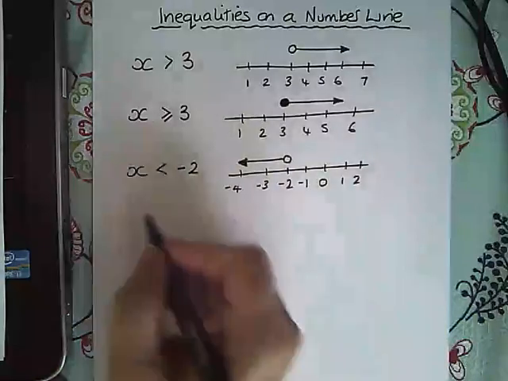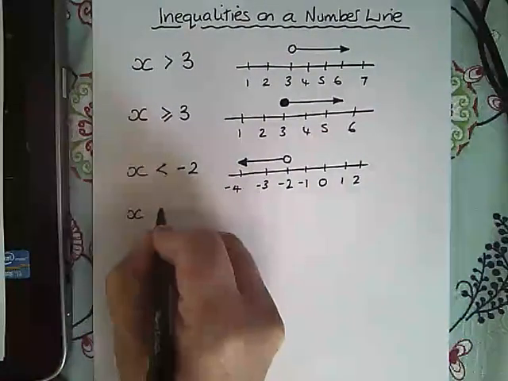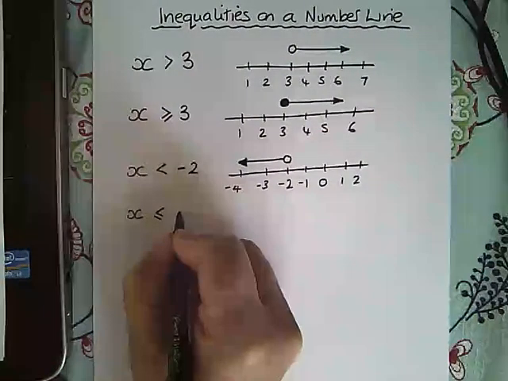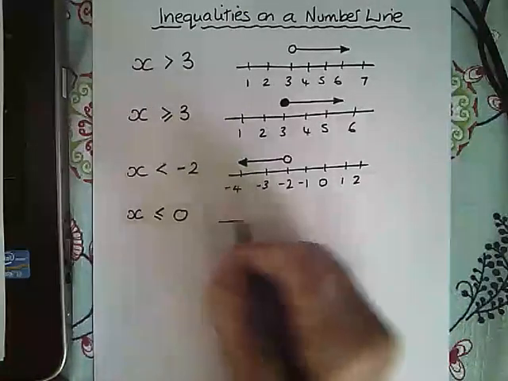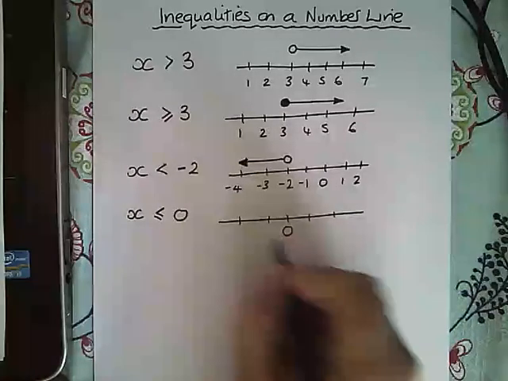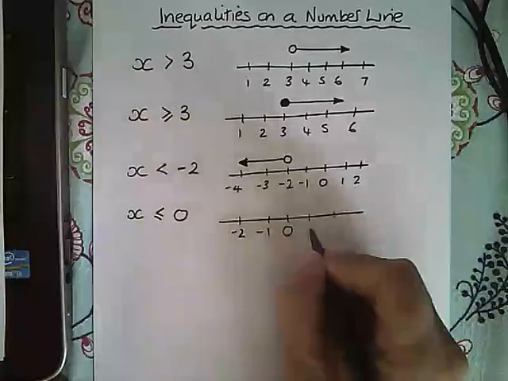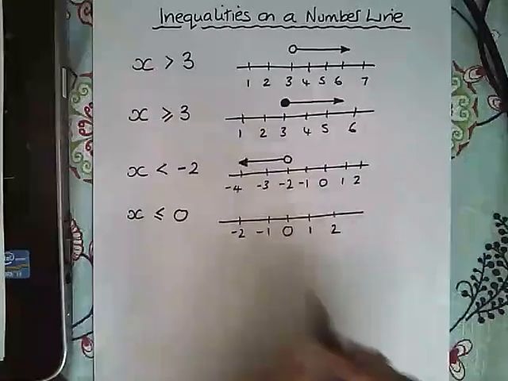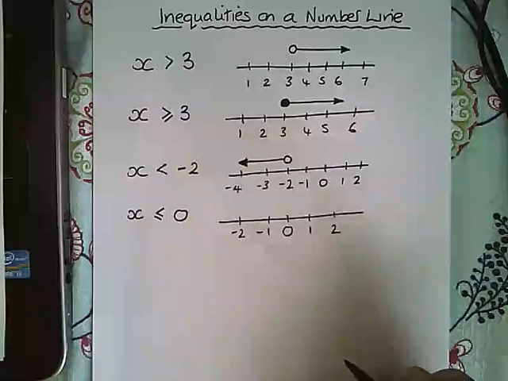If we have another inequality where we have x is less than or equal to 0, say, draw a number line, 1, 2, 3, 4, 5, put 0 here, minus 1, minus 2, 1, 2. You don't have to have loads of numbers, but you do have to have about 4 or 5.